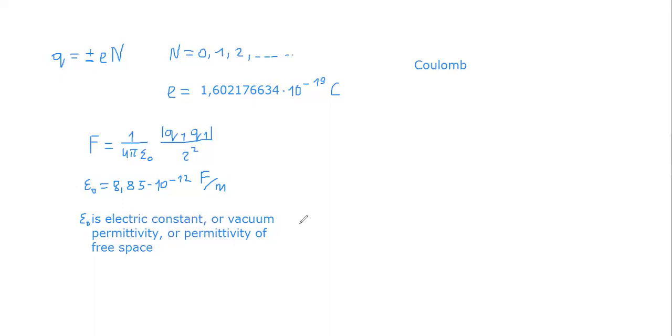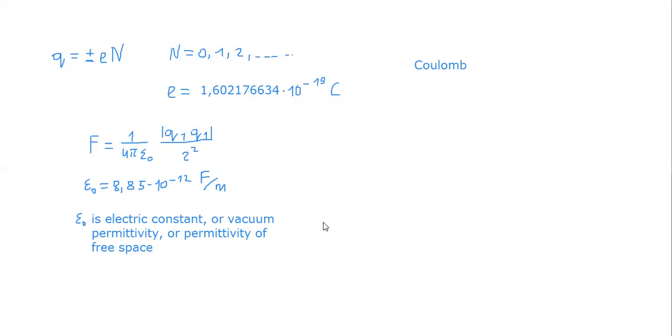It is also one of the fundamental constants, and it is necessary to notice that now we are learning the electric field in vacuum. In our next lesson, we will study the electric field in some substance, in some media.